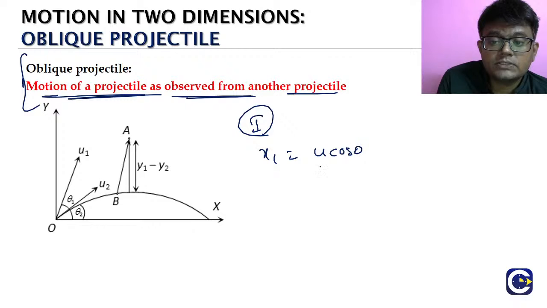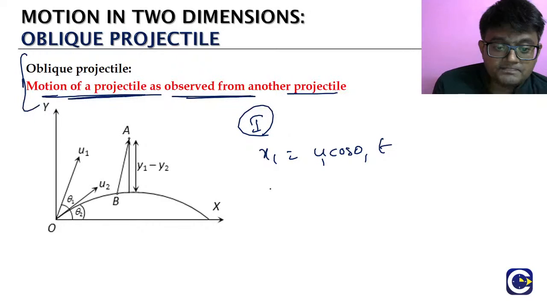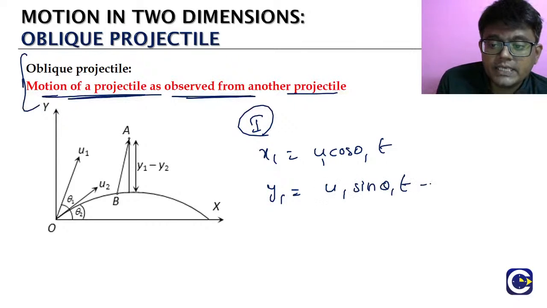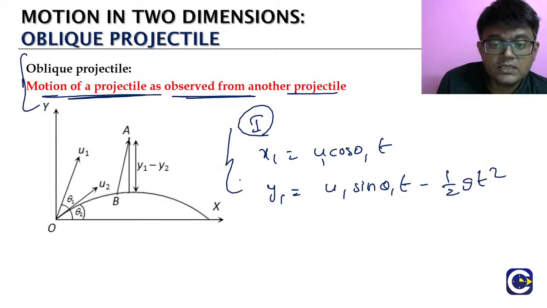U1 cos theta 1 into t after time t. Y coordinate value, what is the y coordinate? Y will be equal to u1 sin theta 1 into t minus half gt square. நமக்கு வருவது, the x coordinate is nothing but the x displacement, y coordinate is nothing but y displacement.